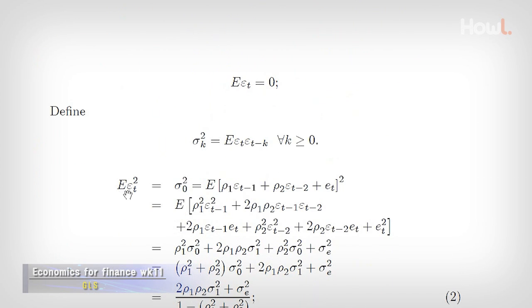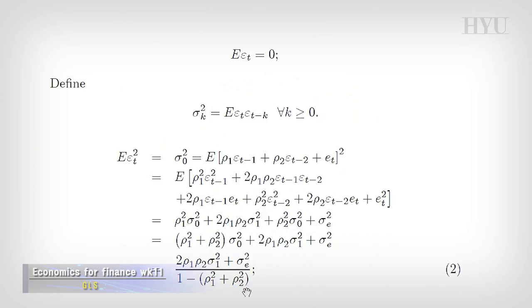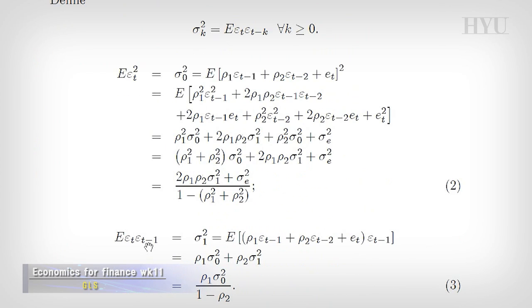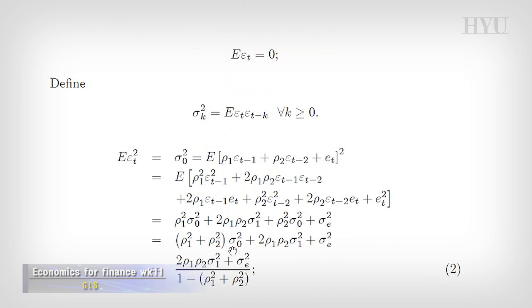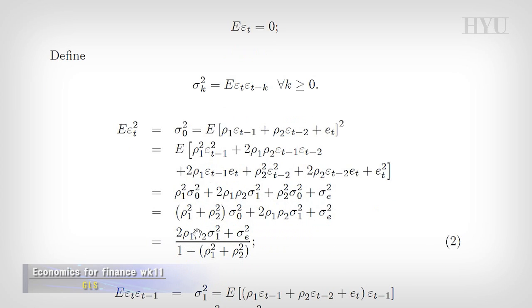If we do this operation, the expected value of epsilon t squared is simply the square of this term: this is the first square, and this is the cross terms. If we collect the same parts, we will have 2 rho 1 rho 2 sigma 1 squared, and 1 minus rho 1 squared and rho 2 squared.